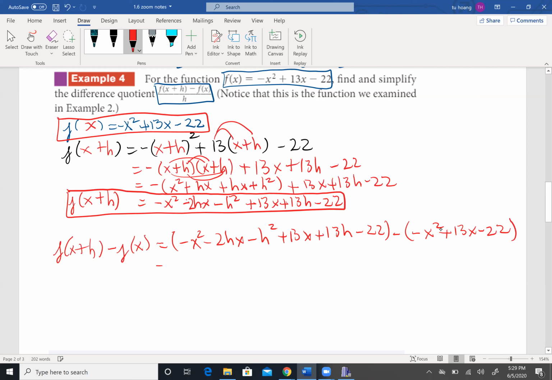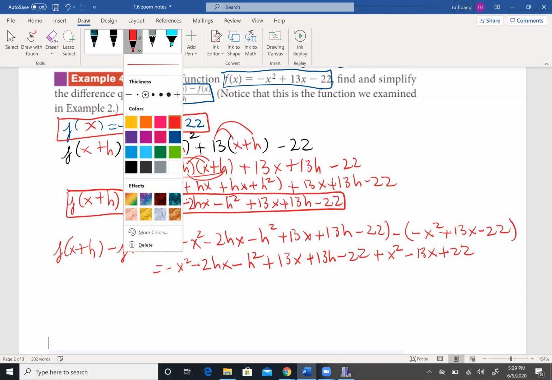I'm going to open all the parentheses to see what happens. For the first one, I don't have to worry about the sign because it doesn't have any negative in front of the parentheses, so I keep it. The second one has a negative in front of the parentheses, so I change all the signs: plus x squared minus 13x and plus 22.